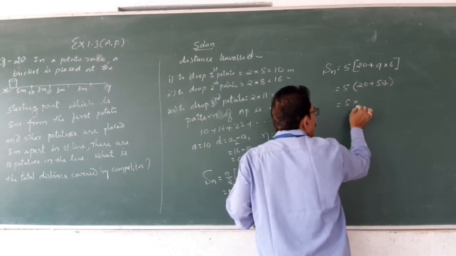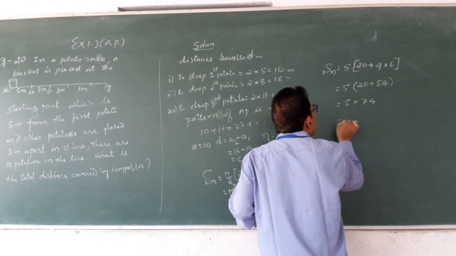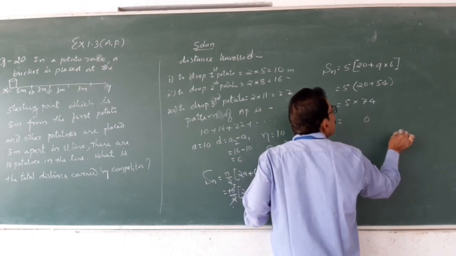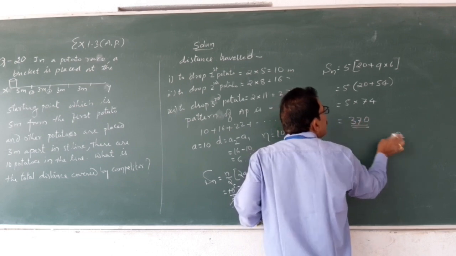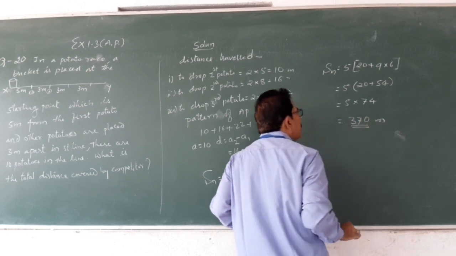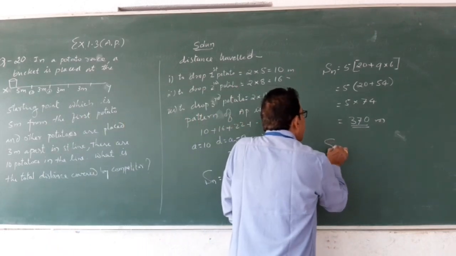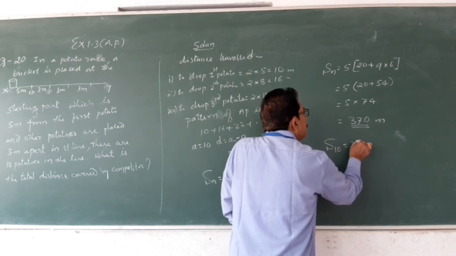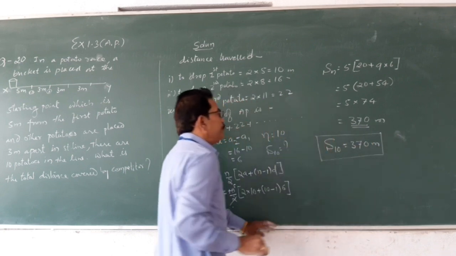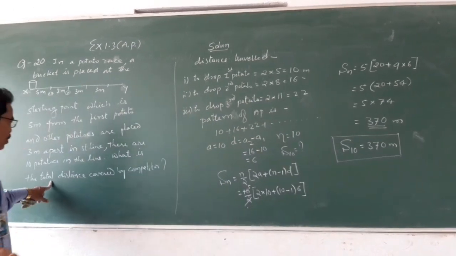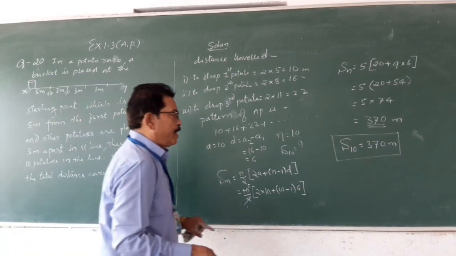So 5 into 74, that is 350 plus 20, which is 370. S_n equals 370 meters. The competitor has to cover the total distance of 370 meters.